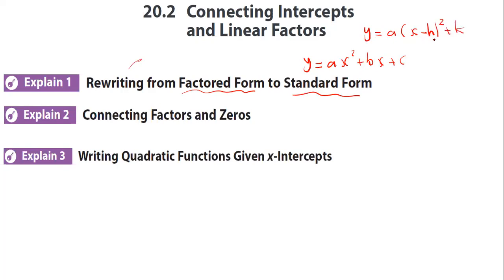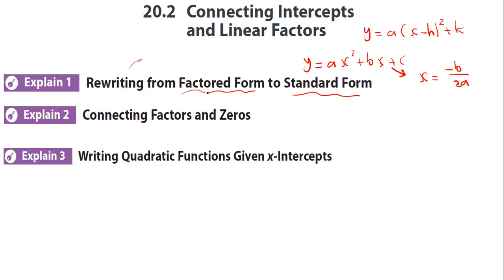This is vertex form, and the vertex will be h and k. And in standard form, we can get the first coordinate of the vertex, x equal minus b over 2a. That's what we studied before.